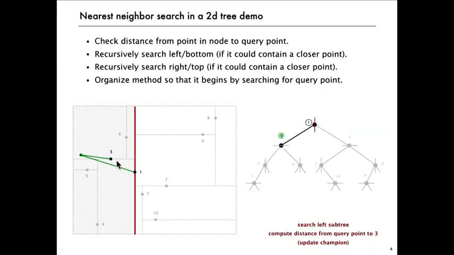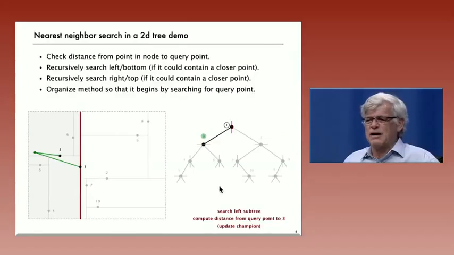Notice already that will mean when we get back to point 1, we won't search the right subtree, because there could be no point on the right of this splitting line that's closer to the query point than 3. And so that idea of getting closer and closer to the query point is going to cut out different parts of the tree as we process.